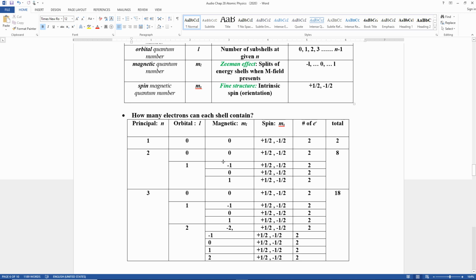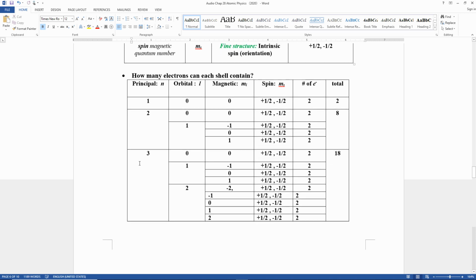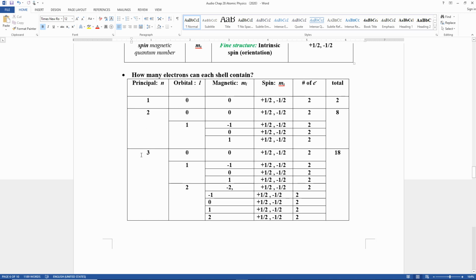Then you're going to have more room, and in each room you can have positive or negative, so totally you can hold up to 8 in the second shell. For a similar reason, the third energy shell can hold up to 18.